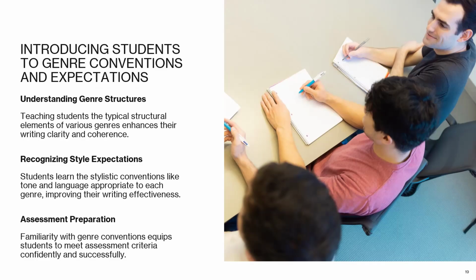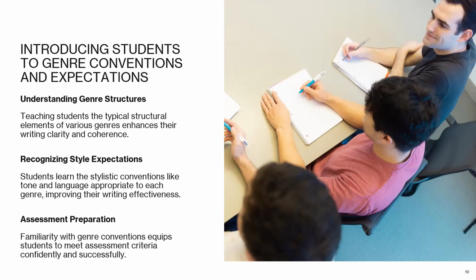By teaching students about these genre conventions, you're giving them the tools they need to succeed in different writing situations. This also makes assessment more valid. When a student knows exactly what a persuasive essay or a narrative needs, they can focus their energy on creating strong content rather than trying to guess the right format.